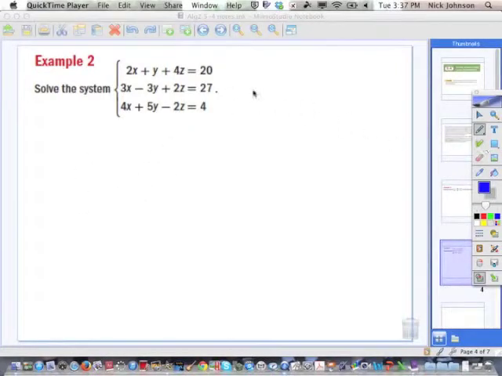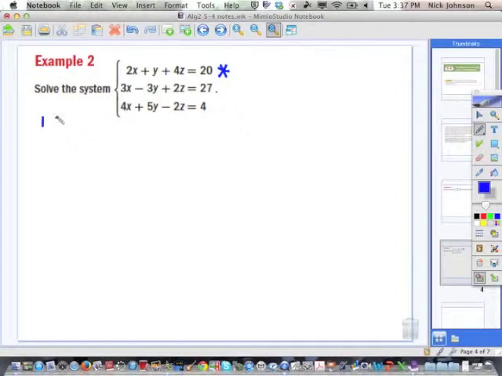Now, I'm going to pick out this first equation, and why is this one important? Because it only has a y here. So I'm going to use this equation with the other 2 to get me down to just x's and z's. So I'm going to put 1 and 2 together, and I'm going to put 1 and 3 together.